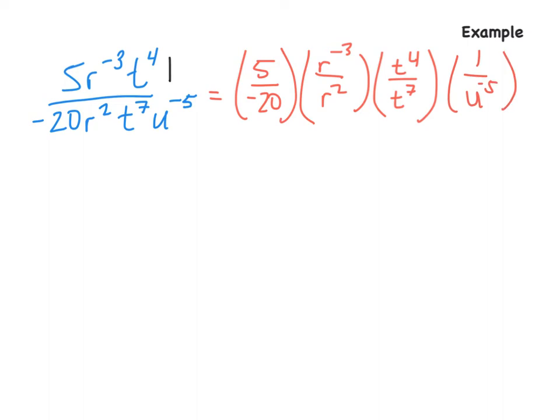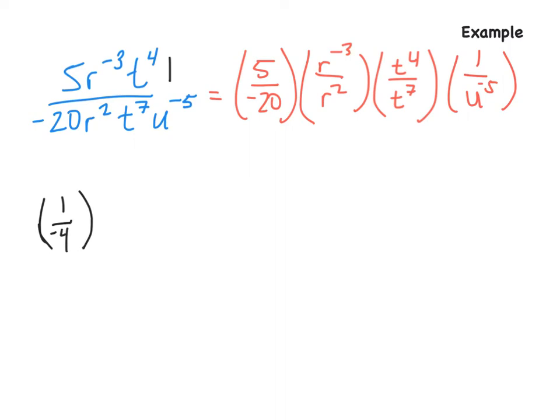Now I'm just going to take each one of these and work it by itself. So 5 over negative 20 can be simplified down to negative 1/4.